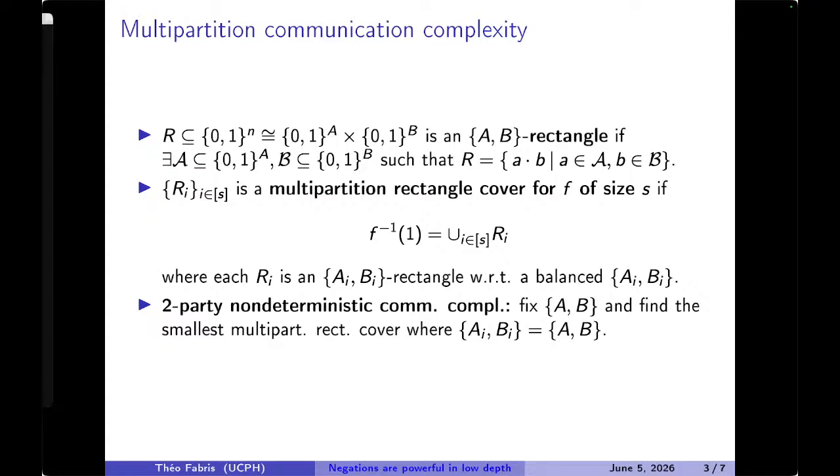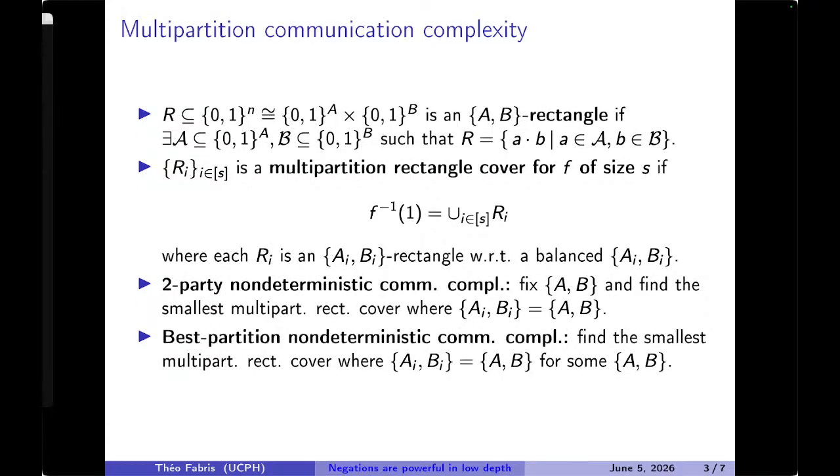This definition also generalizes the best-partition non-deterministic communication complexity of a Boolean function, because in that setting we are allowed to minimize over all the partitions, and then we choose the best cover where all the rectangles are using the same partition.